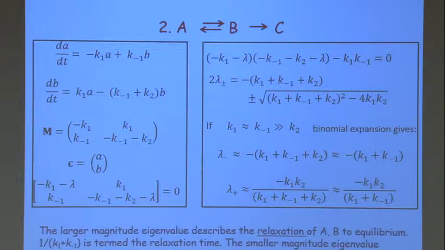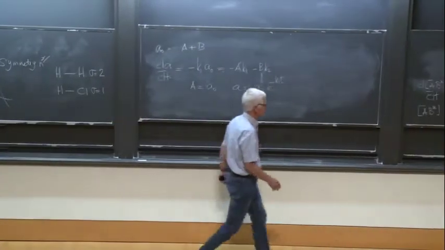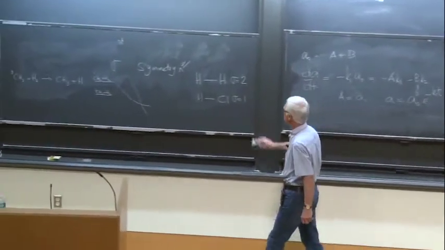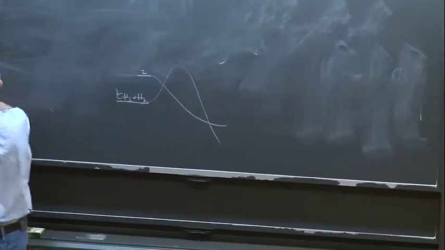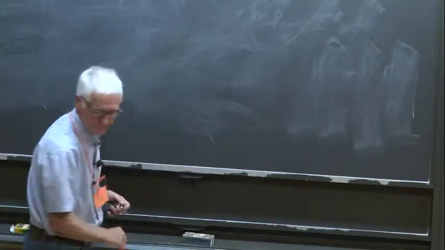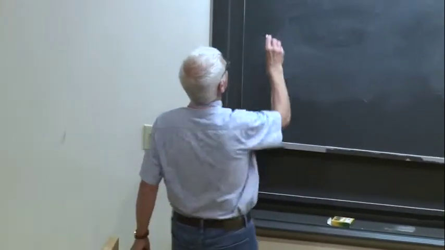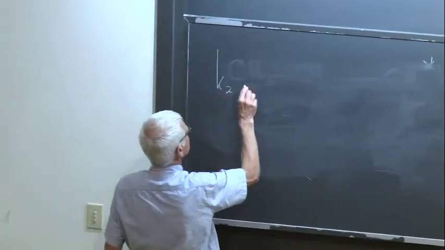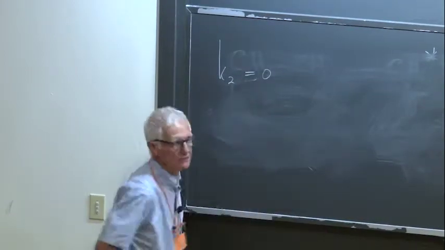So let's try and understand what's going on here. Let's start off by letting k2 equal 0.